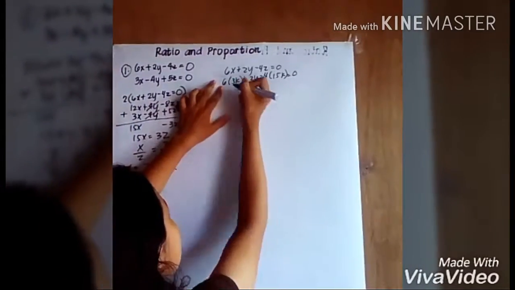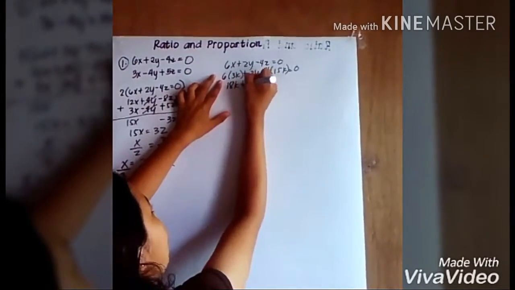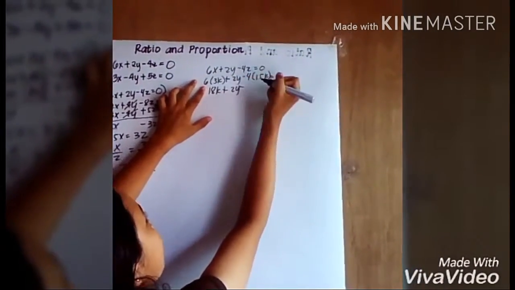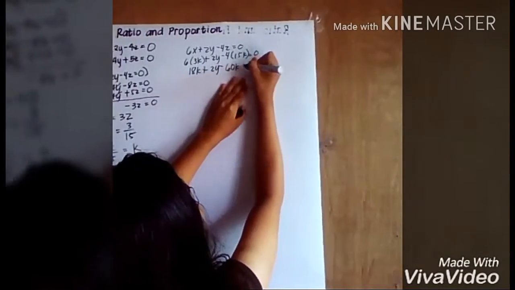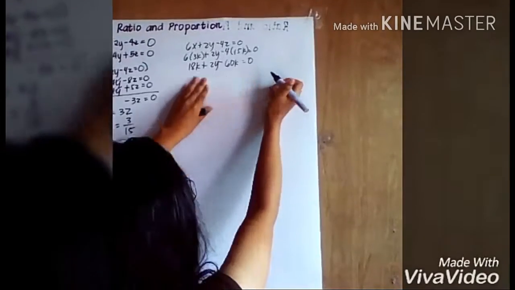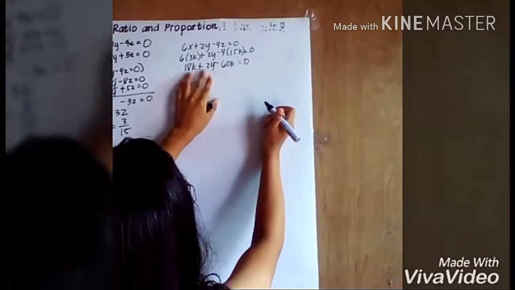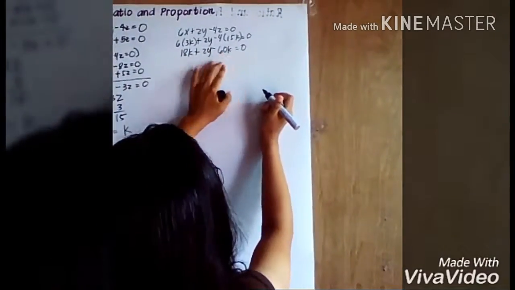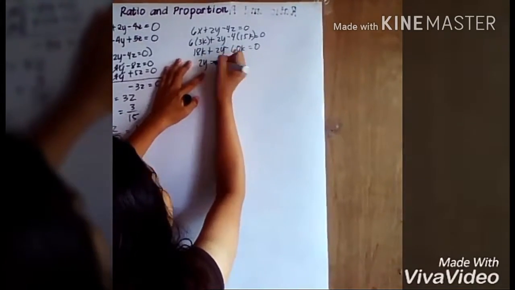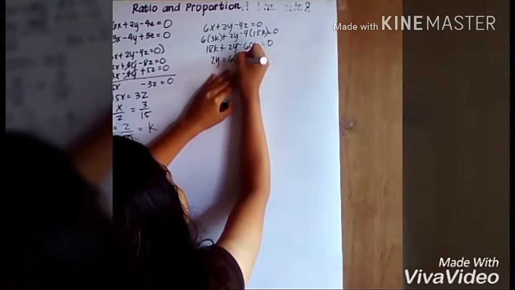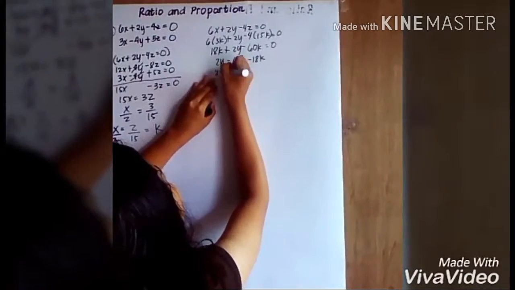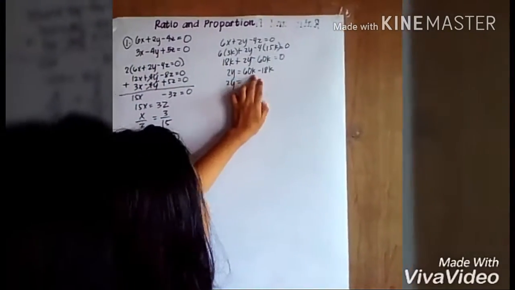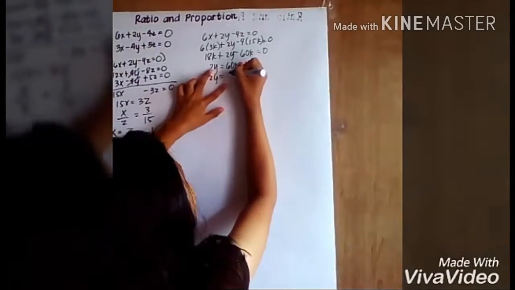So 6 times 3, 18k plus 2y minus 15 times 4 is equal to 60k is equal to 0. So you are going to transpose this 18k and 60k. So 2y is equal to 60k minus 18k. Resulting, 2y is equal to 60 minus 18k is 42k.